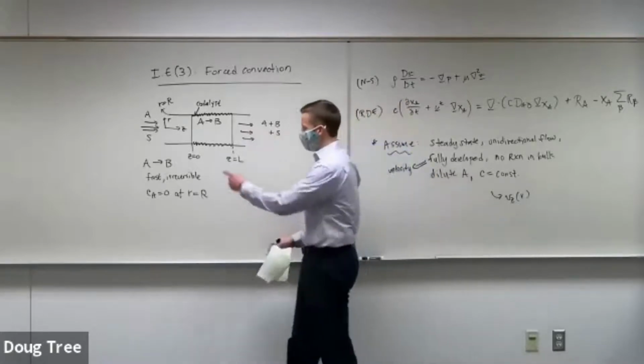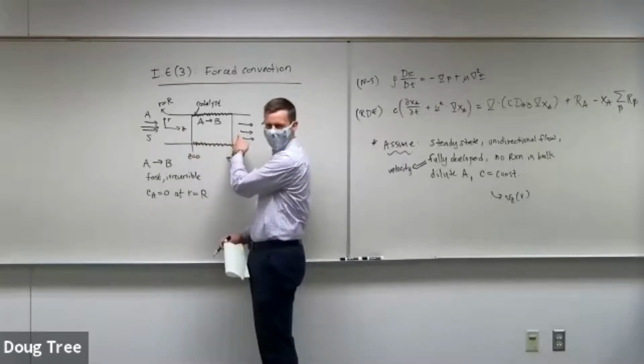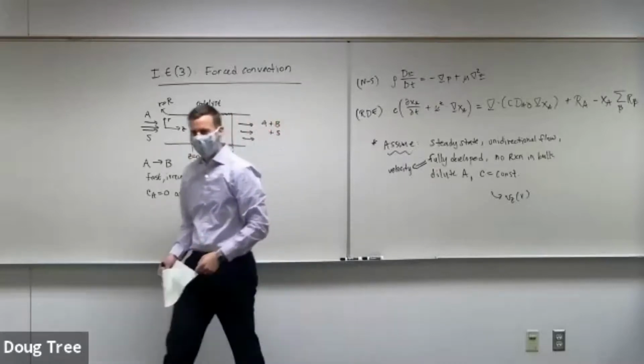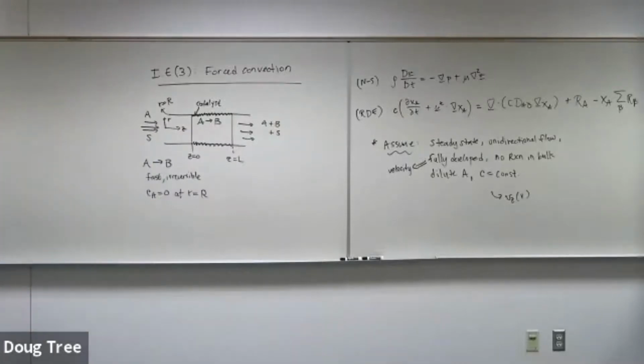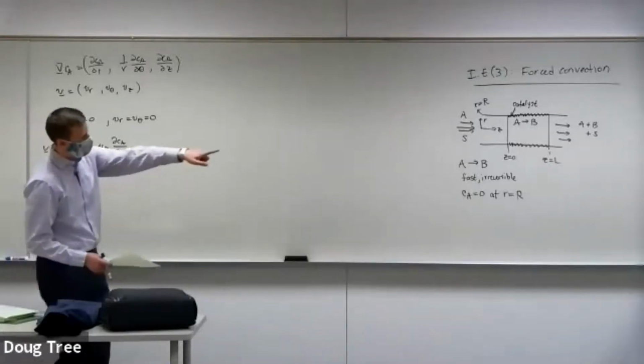Because here I've got a concentration of A, and down here I'm going to have a different concentration of A. So that can't be the case for their concentrations. Otherwise, the problem would be done. We would just have A convecting. Okay, so that's going to go on the left-hand side.